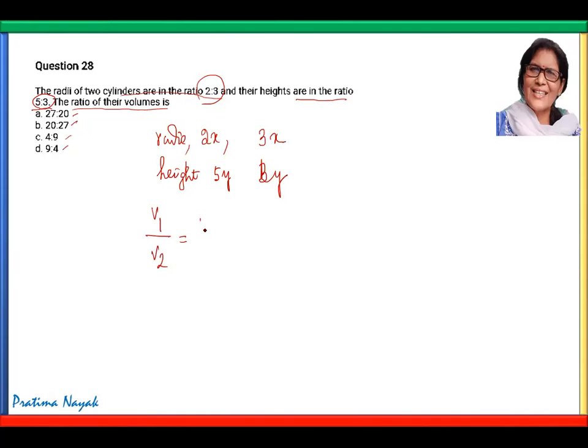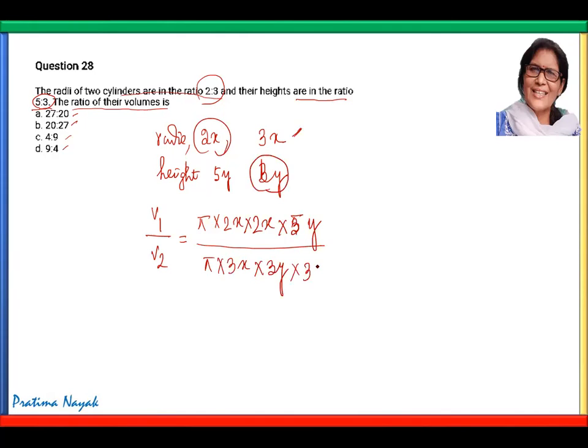Volume is pi r square, r I'll multiply 2 times, 2x for the first one, r square into h, your 5y, whole upon, coming to second one, radius is your 3x, so I'll multiply 2 times, and height is your 3y, I'll multiply 1 times.